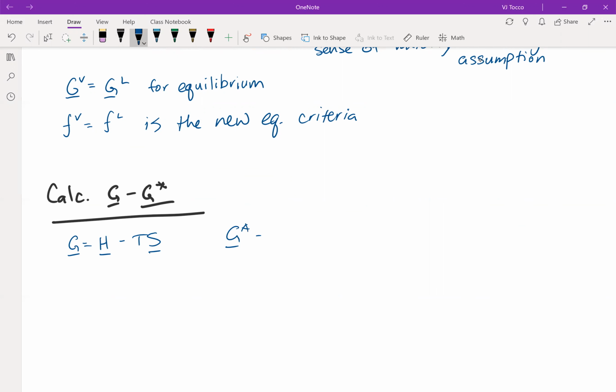G star is H star minus T S star. So then if I subtract these, I get G minus G star is equal to H minus H star, and minus, the T can be factored out, T times S minus S star.